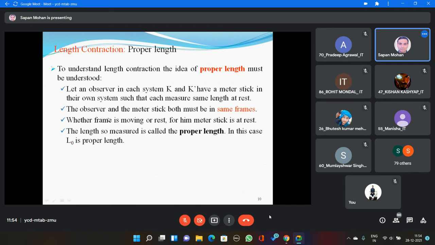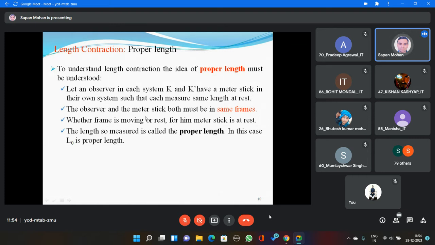The observer and the meter stick both must be in the same frame. Whether the frame is moving or at rest, for him the meter stick is at rest. Okay? The observer and the object must be in the same frame.